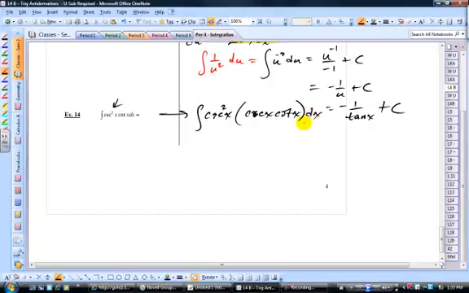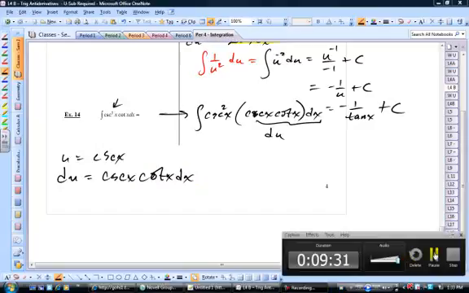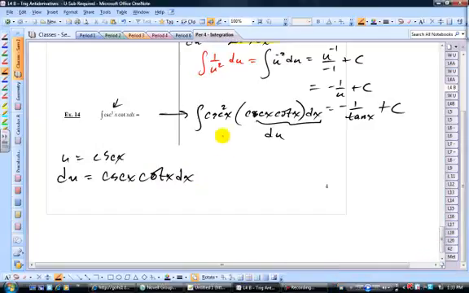And the reason why I want to do that is because I know that the derivative of cosecant is cosecant cotangent. So I'm going to let u equal cosecant x, so that when I take a derivative, I get cosecant x cotangent x dx. So notice this whole thing here is du. So when you rewrite this, you get u squared du.